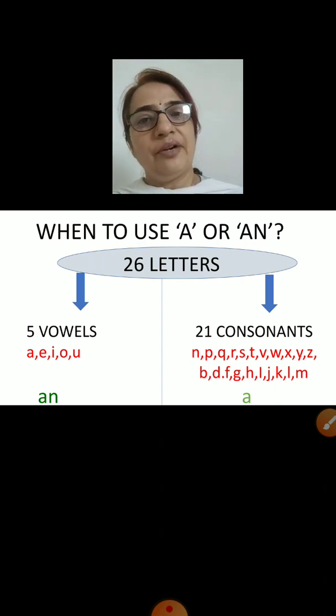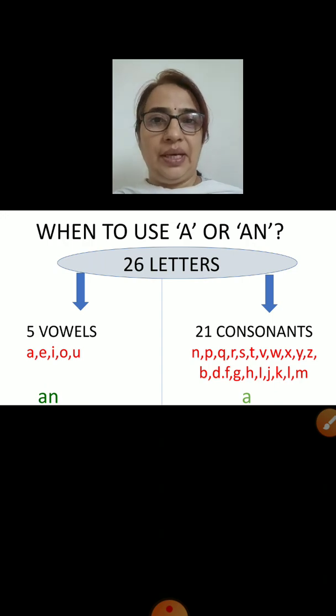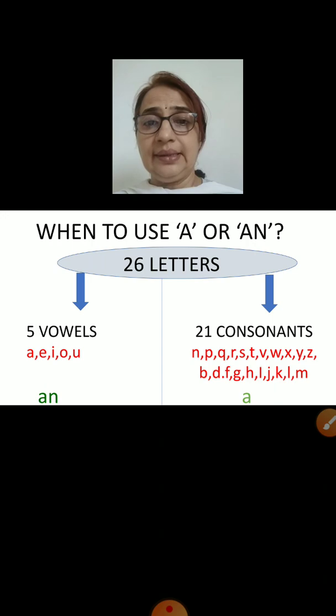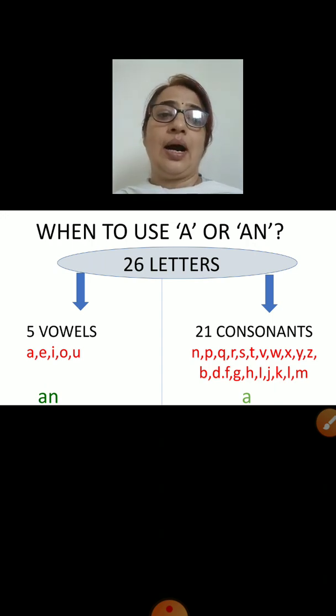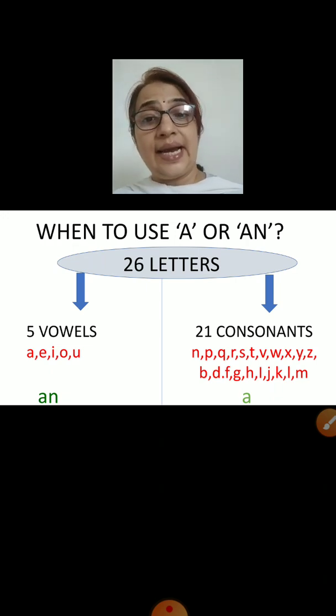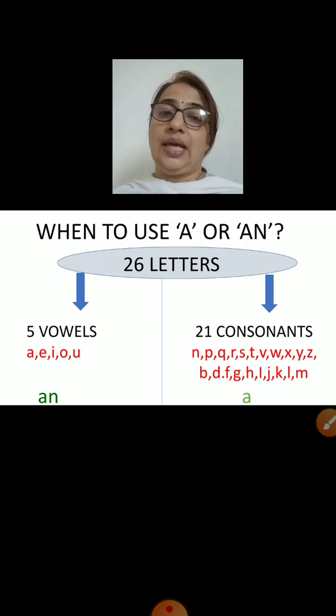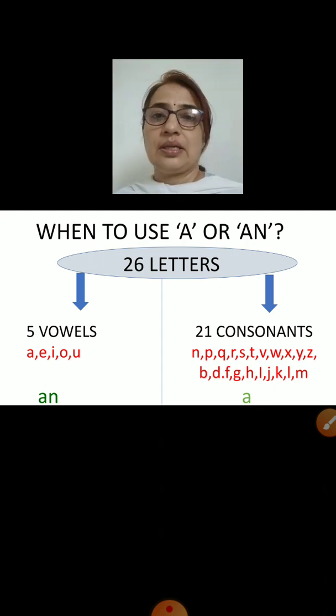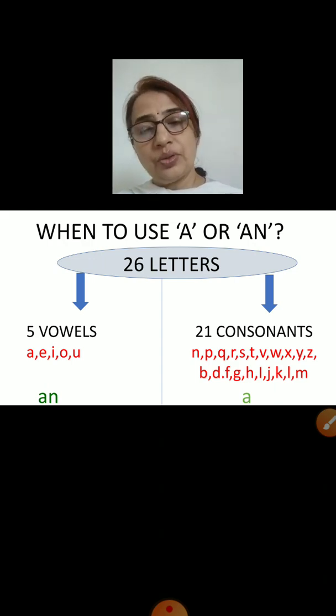Apart from these 5 vowels, whichever remaining letters are, they are all consonants. So, article an is used before the vowel sound words and article a is used before the consonants.